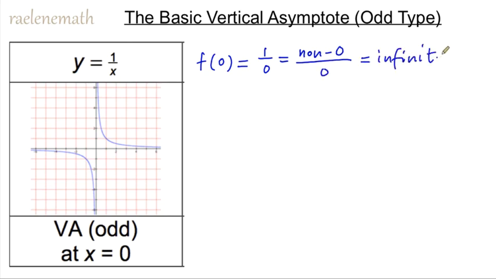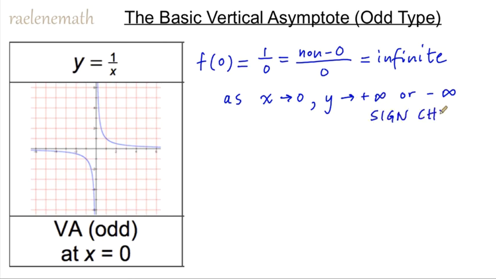In other words, as x approaches a 0 value, a finite number, which is the vertical line of the y-axis, then y either approaches positive infinity or negative infinity. To find out which sign, positive or negative, y approaches, we could make a sign chart or draw the graph completely. So anytime that a finite x value makes y infinite, we have a vertical asymptote.